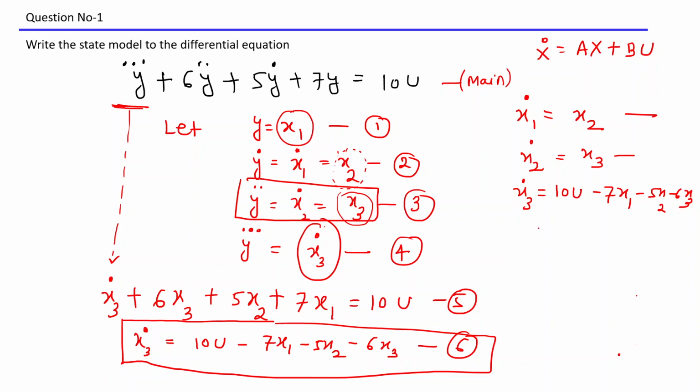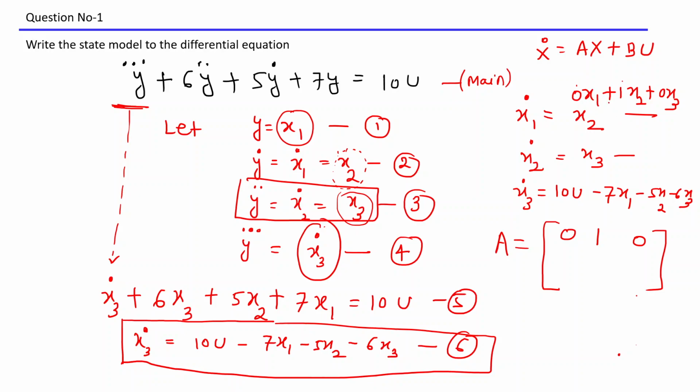Okay, so write down the coefficients of matrix A. A is nothing but what? In x1 star, x2 is there. X2 star is nothing but the middle term. Okay, x1 star equal to x2, you can write like this: 0x1 plus 1x2 plus 0x3. So now you find the coefficients 0 1 0. So this will be 0 1 0.